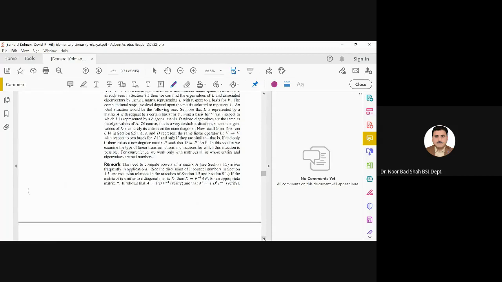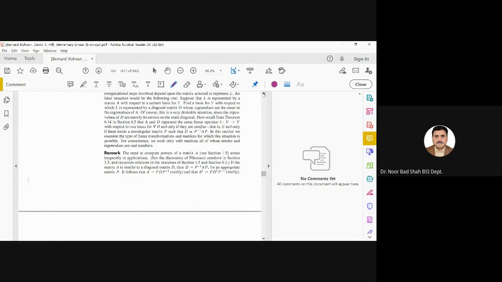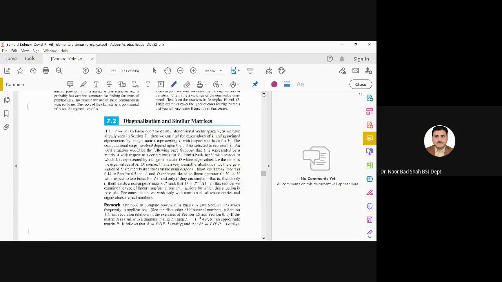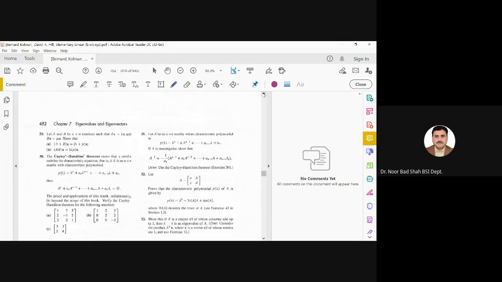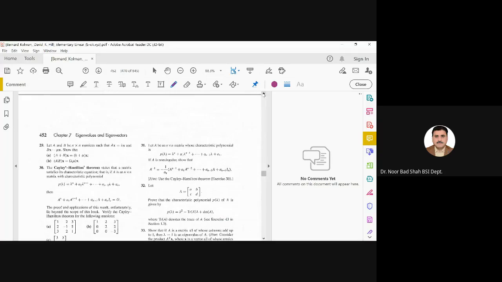So do up to exercise 8.7.1. Forget about diagonalization at the moment. If you have any question, you can ask.